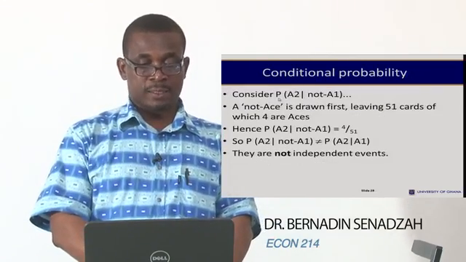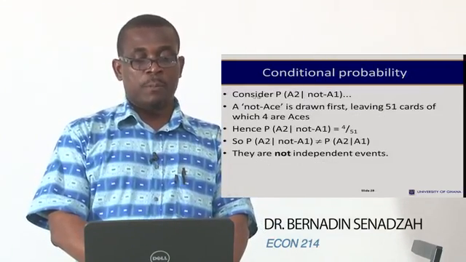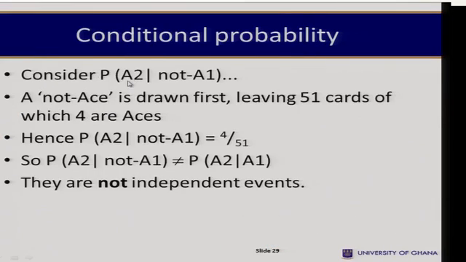So consider this. Let's say we talk about the probability of a second ace given that not an ace was drawn on the first. Then the probability of not ace on the first leaves 51 cards, of which 4 are aces.